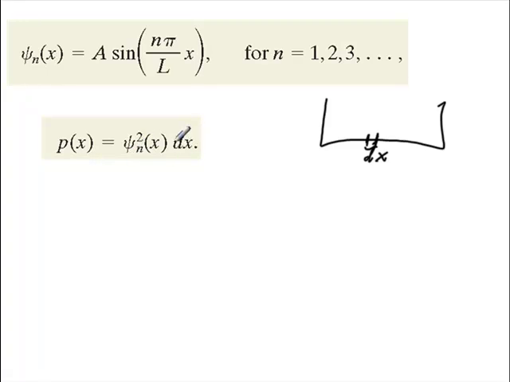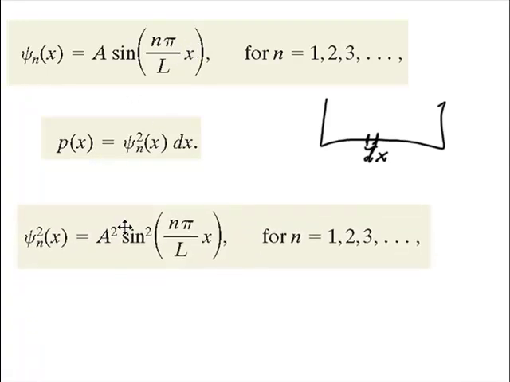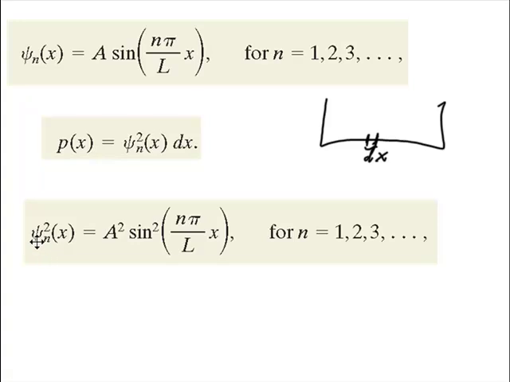The bigger dx, clearly the bigger the probability. But for a given size dx, the probability depends on how big that wave function is. So if we use this wave function here, we find that the probability distribution is A squared sine squared of n pi over L times x. Now let's look at that for a few values of n.